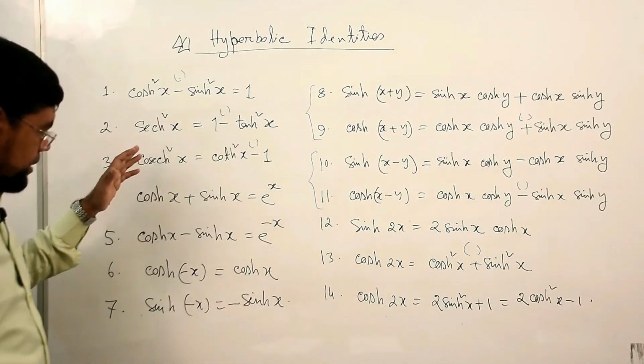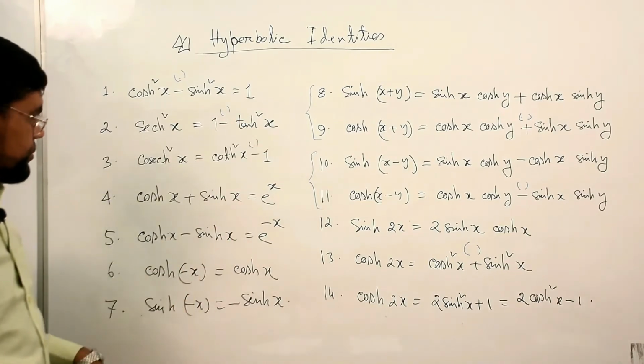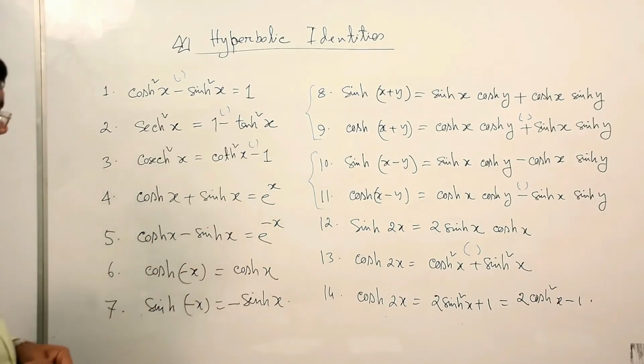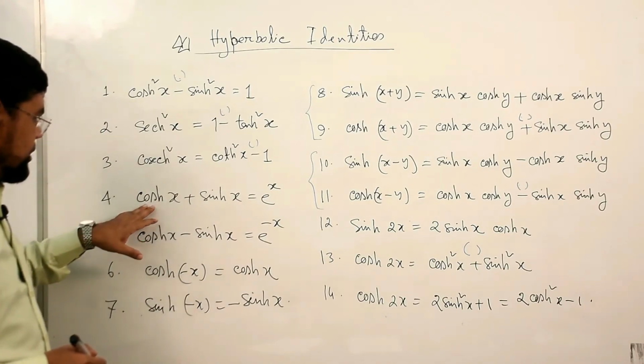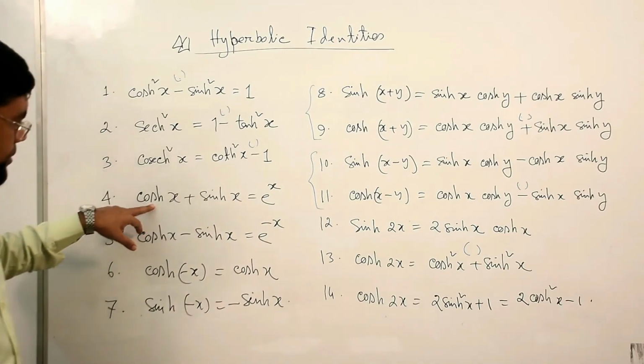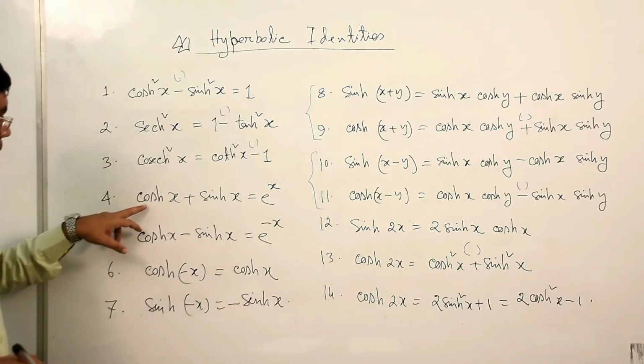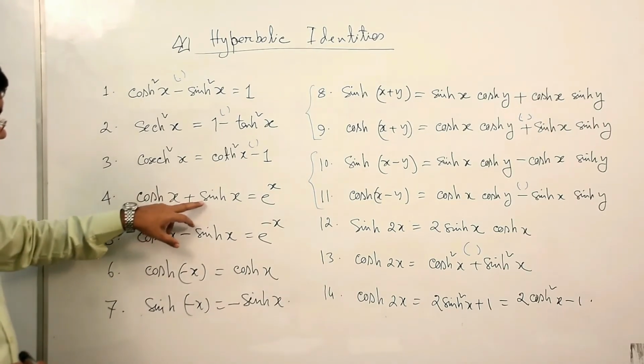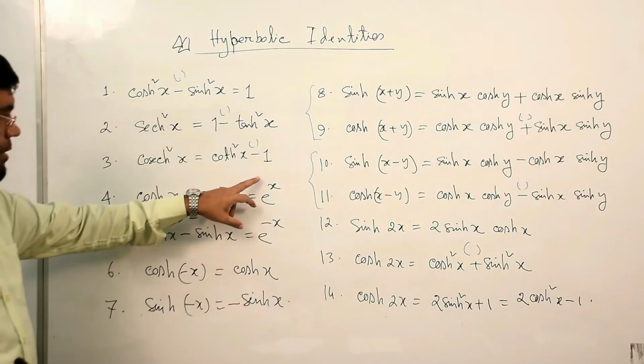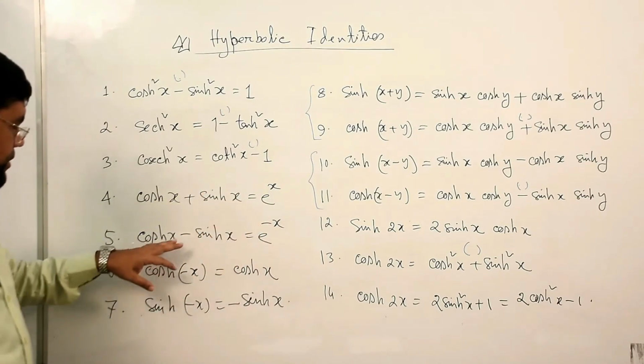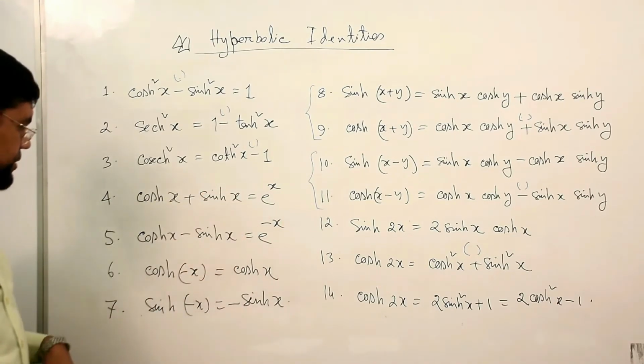And other formulas you can try to remember in case you need them. Let's have a look here again. Cosh x plus sinh x equals e to the power x, and cosh x minus sinh x equals e to the power negative x.